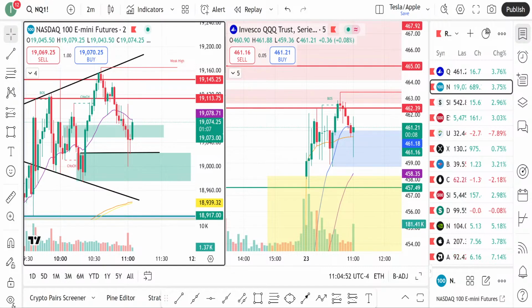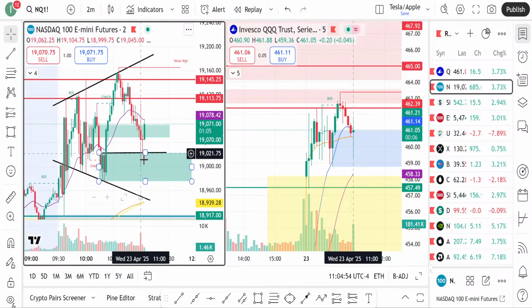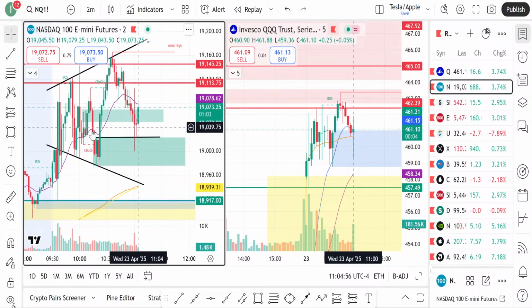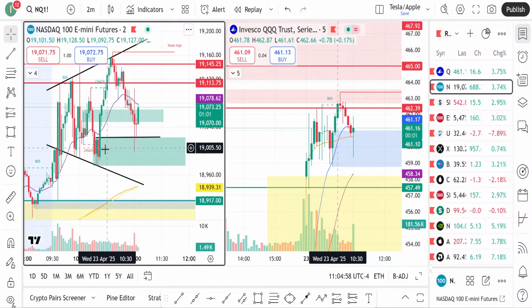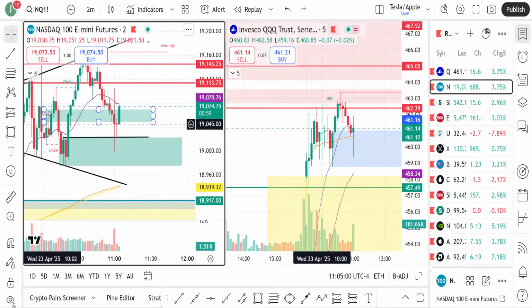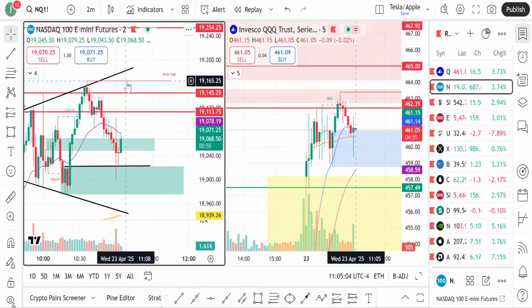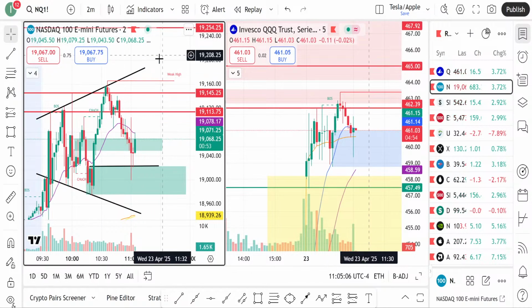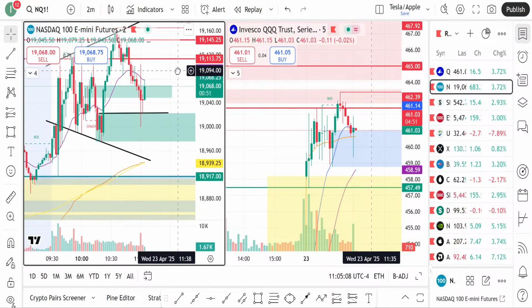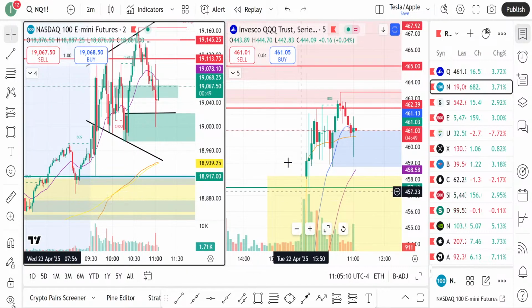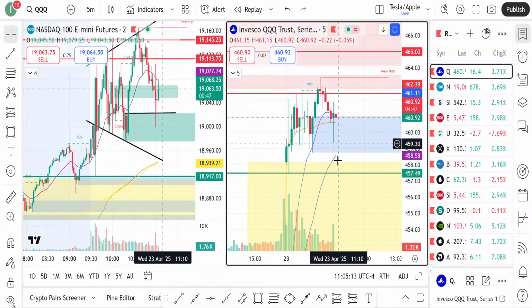This more has to do with the condition of the market. As you can see here, we're in a range. We had a pretty choppy morning to start. We're close to levels of resistance. Price is way above this gap here.